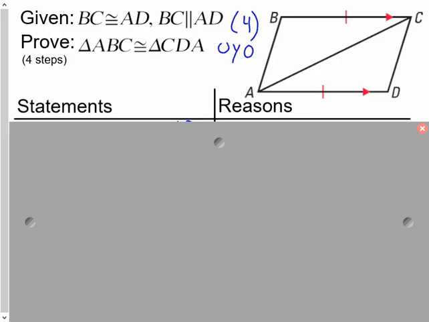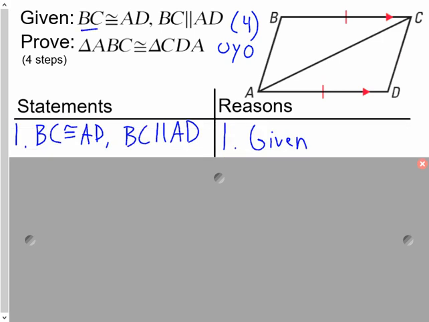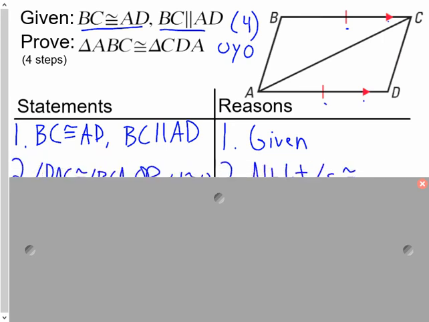Next one, I would say try on your own. So pause the video, give yourself a moment to try to get it down. So going through this one, we have the given, really straightforward, right? Something congruent, something parallel, already marked. Very similar to the last one. We've got this angle congruent to this angle, right?